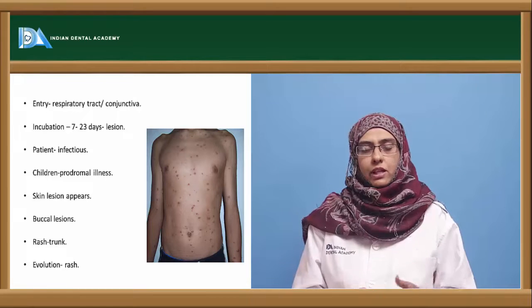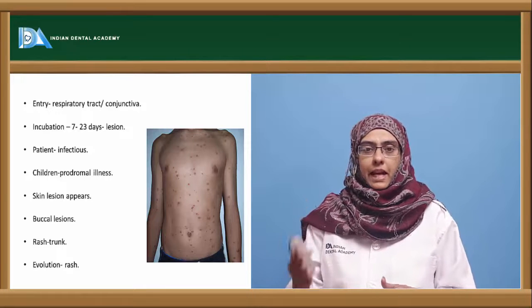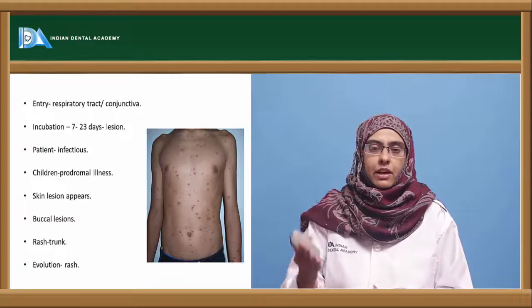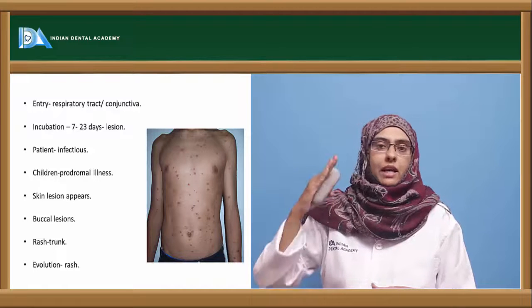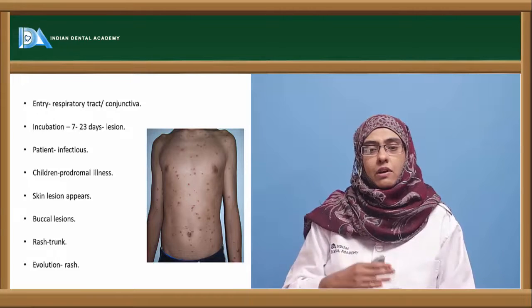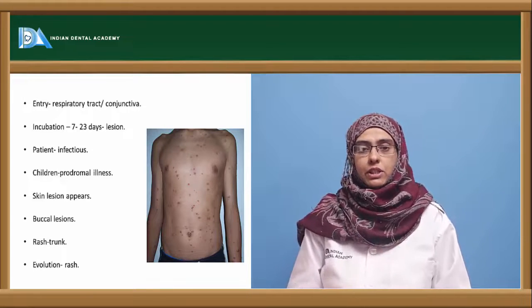The evolution of the rash is so fast that we will not be able to individually identify the stages. There are different stages of the rash: the macular rash, next the papular rash, vesicular rash, pustular rash, and the scab. This evolution is so fast that it is difficult for us to identify at which point it has developed.